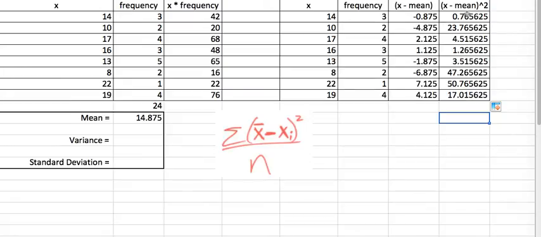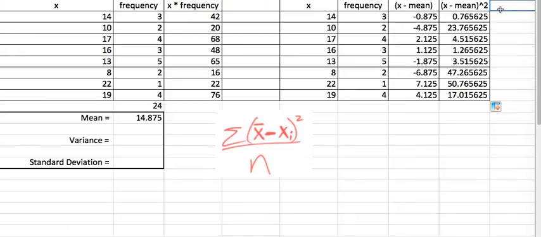And in the variance, we were finding the mean of these values. However, here's where the frequency comes in. The frequency comes in because there's not just one squared difference of the mean that equals 0.765625. There are actually 3 of these. And there's not just one 23.76, etc. There are 2 of those, okay?